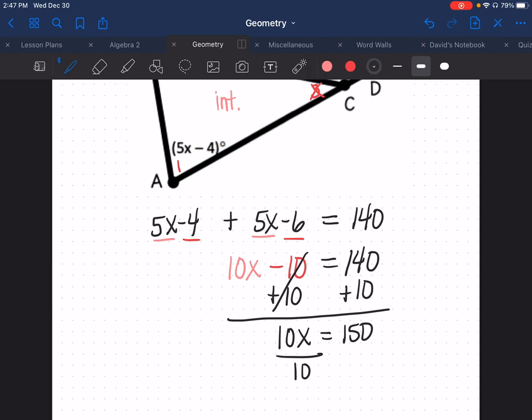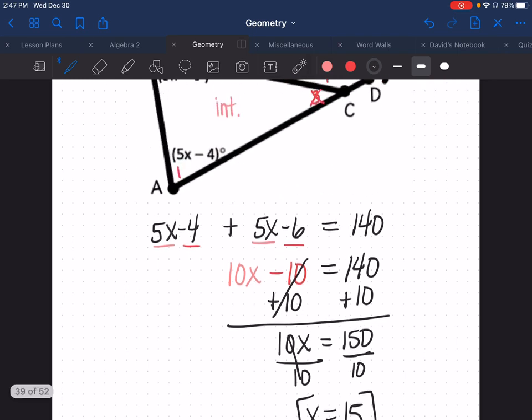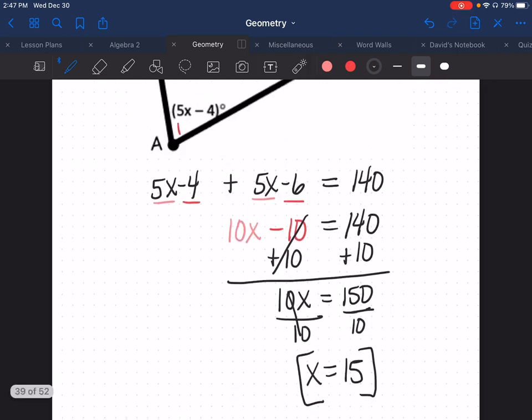And divide by 10, x equals, oops, I put a 15. That's not right. Divide by 10, x equals 15. There we go. And that's all we were asked to solve for, right? Yes, that's all we were asked to solve for.